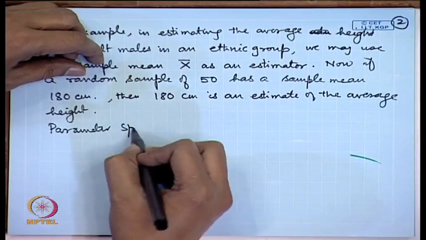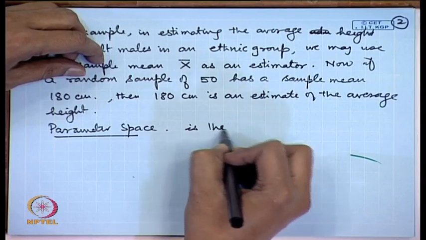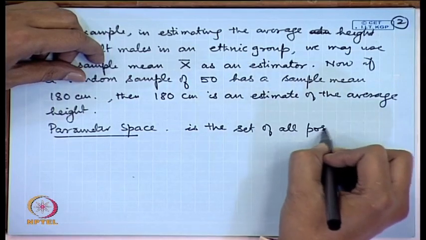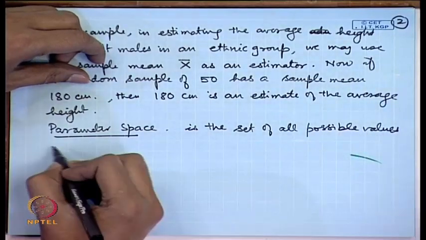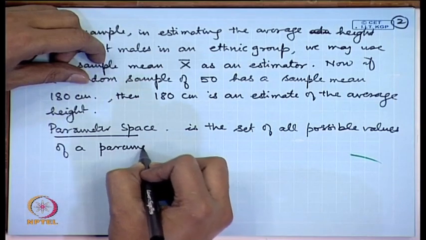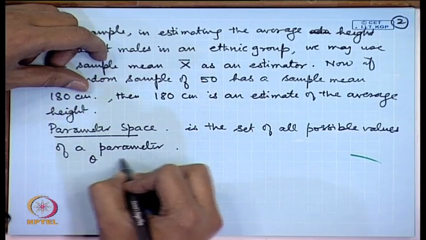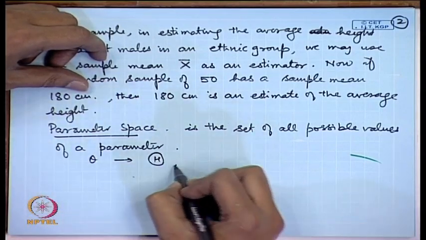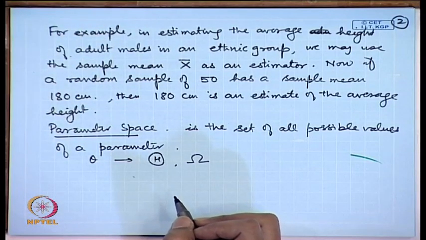So, a parameter space is the set of all possible values of a parameter. So, if I use the parameter theta, then the space we can denote by say capital theta or omega etcetera. So, these are the usual notations.